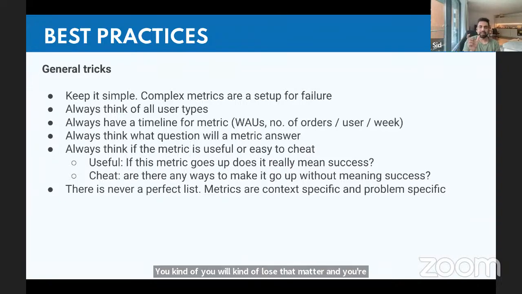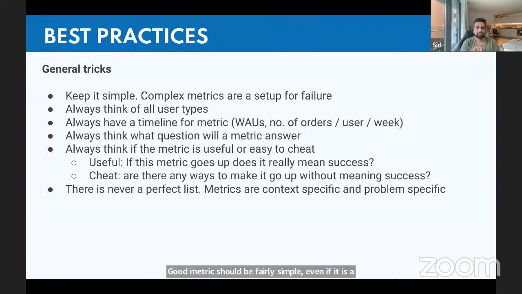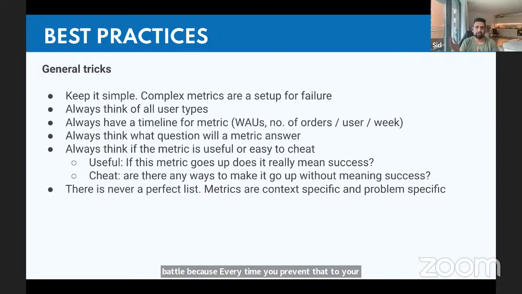If there is a metric that is so complicated to calculate that it takes you more than 30 seconds to explain to someone else, that's not a good metric, right? A good metric should be fairly simple. Even if it is a calculation, it should be fairly simple, like an average or a simple addition or a simple division. The moment you make it complicated, you will lose the battle, because every time you present that to your manager or to a stakeholder or to an analyst, you will have to explain it, and hence it is not efficient.